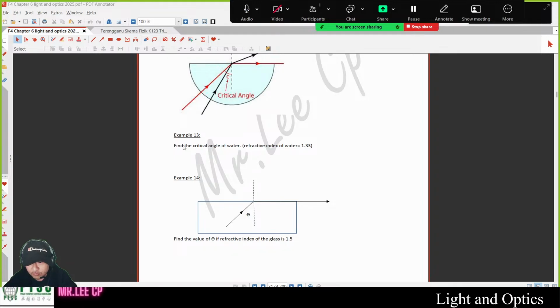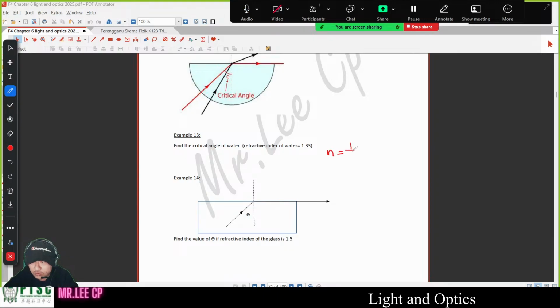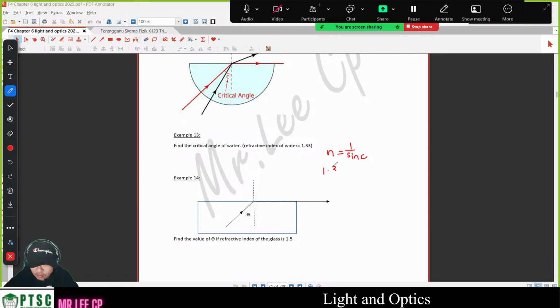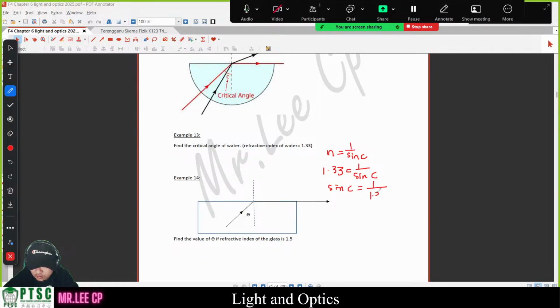So for example, find the critical angle of water. What you need to do is n is equal to 1 over sine c. And 1.33 is equal to 1 over sine c. Sine c goes up, 1.33 goes down. Sine c is equal to 1 over 1.33.